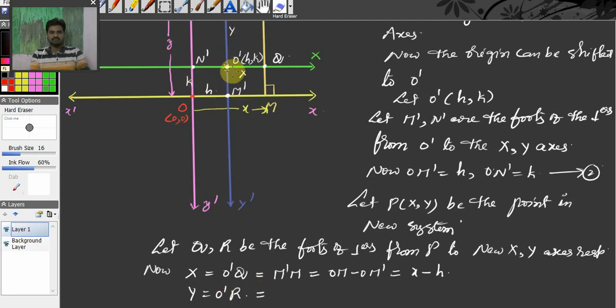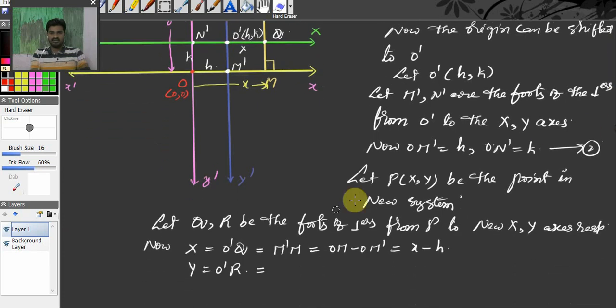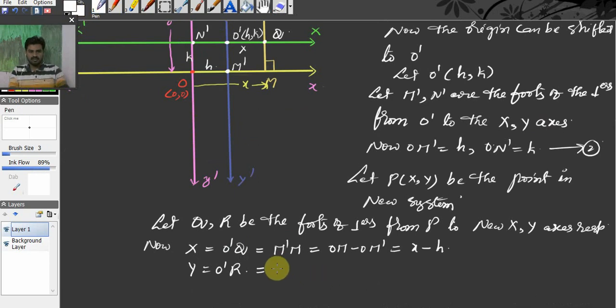O dash R. In the figure, O dash R is the distance which is equal to N dash N. This N dash N will be obtained by subtracting ON dash from ON, which is equal to ON minus ON dash.